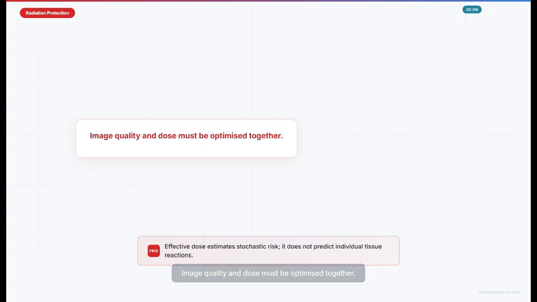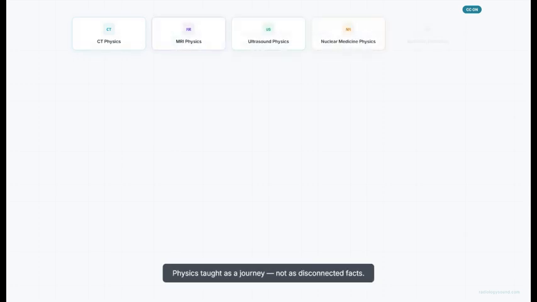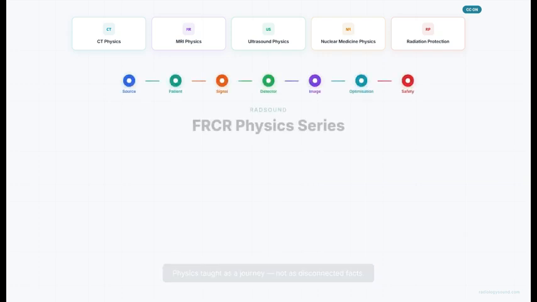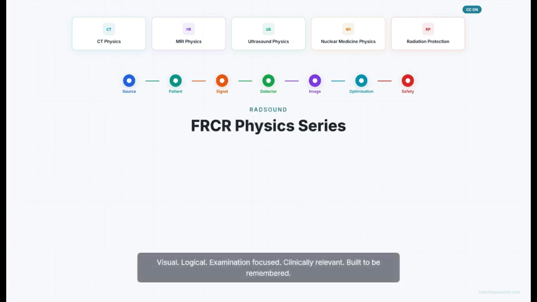Thus, image quality and dose must be optimized together. By learning physics taught as a journey, not as disconnected topics, we're going to understand every detail. So in the end, for every modality you will understand source, patient, signal, detector, image, optimization, safety, and others.